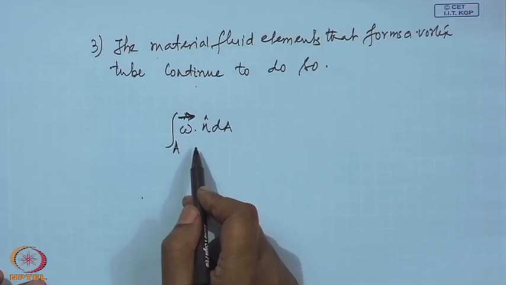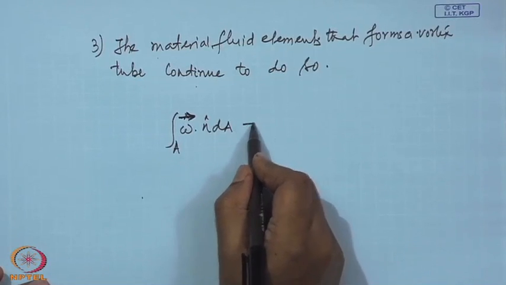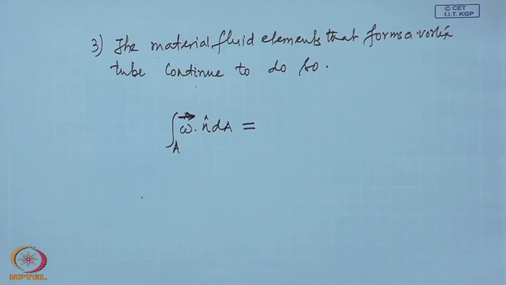This area is not enclosing any volume, just like the cross sectional area, what we considered A1 or A2 in earlier cases, any of them. This integral can be converted to a line integral.